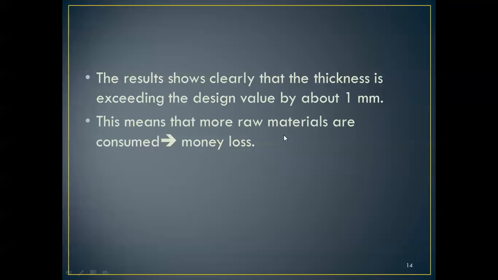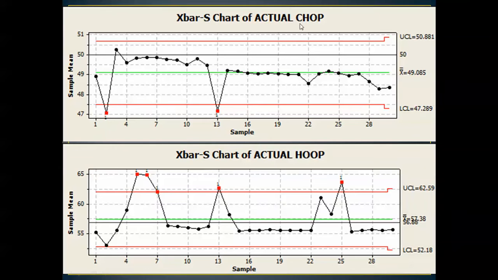So if we go deep into the raw material consumption, we'll find that for every raw material, this is for Chub, for example, the desired value for Chub is 50 kg per meter, while we are getting an average of 49 kg per meter, which is almost 1 kg lower than specification per meter.